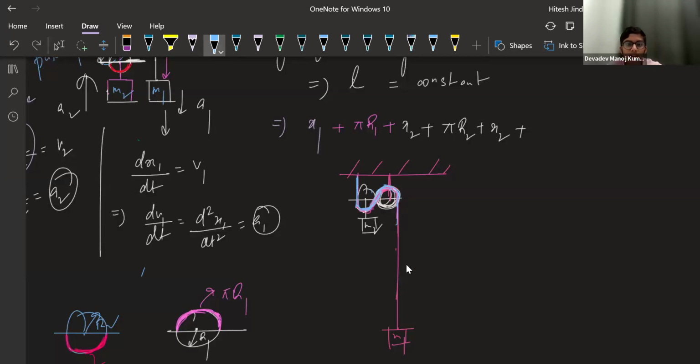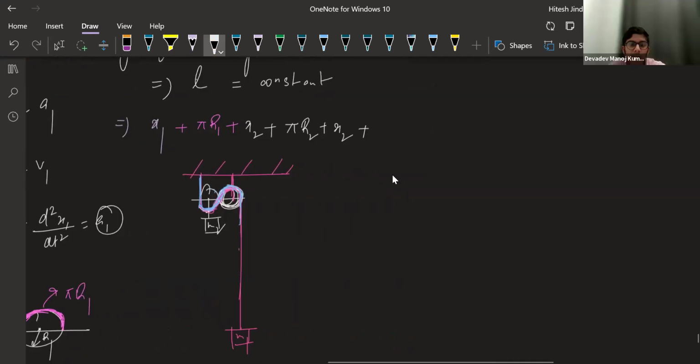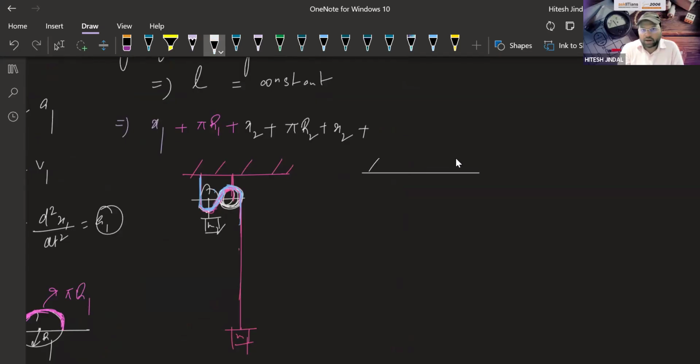Sir, but it can go higher. The first pulley can go higher. There is space above it. Just try to imagine it, it can go higher, right? But I don't think that it is possible, because this pulley is down now.